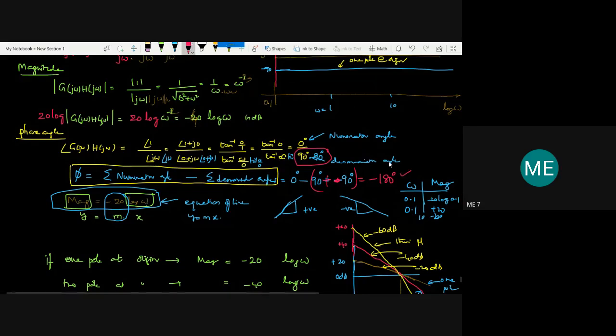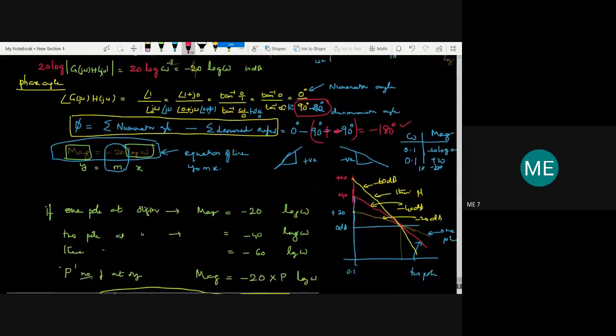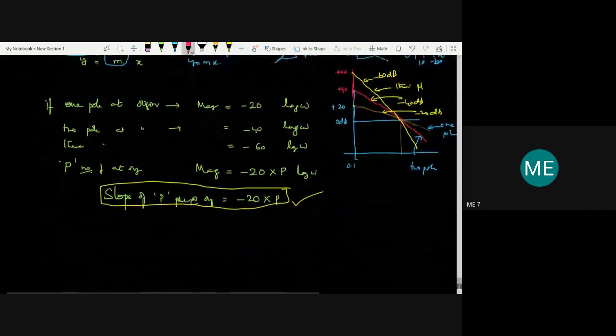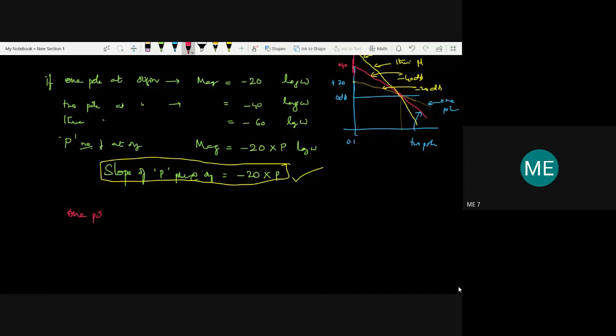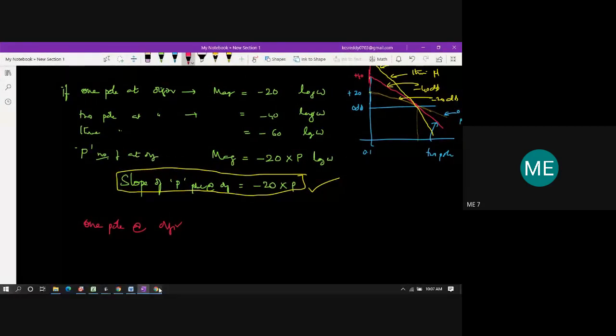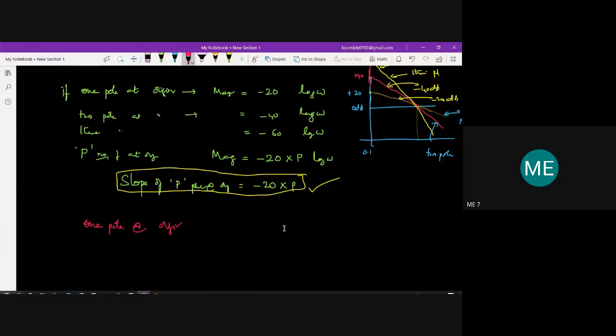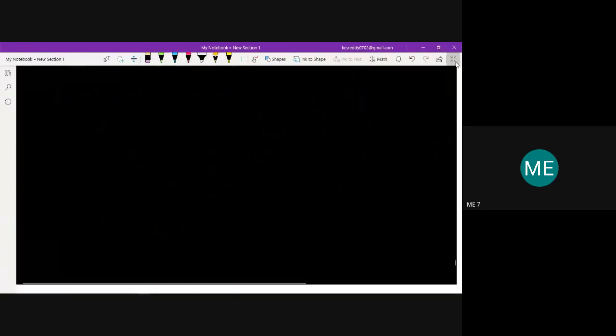So likewise, in similar fashion, one pole at origin will have minus 90 degrees as the phase angle.